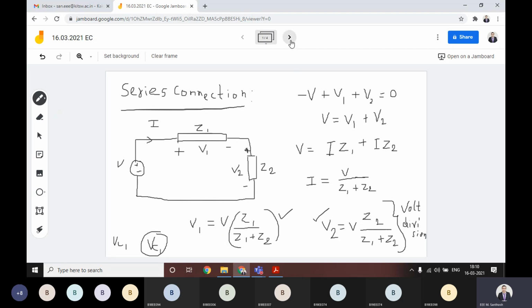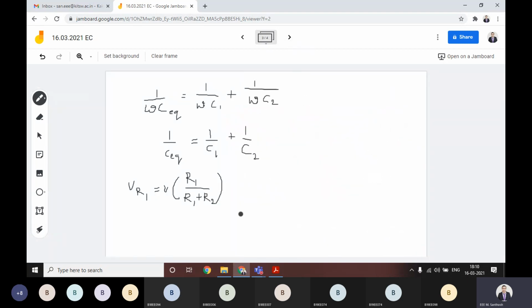What about the VC1? But here in this case, V into the opposite capacitance C2 by C1 plus C2. That is correct, whatever you are trying to tell. Whenever you are calculating VC2 in the series connection, that is V into C1 by C1 plus C2. That you need to remember.